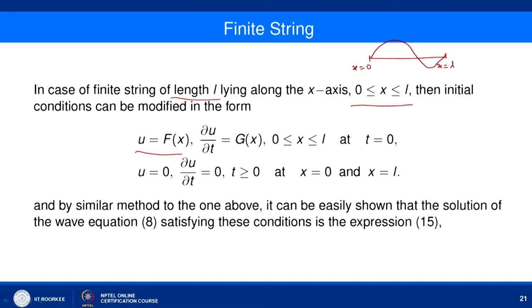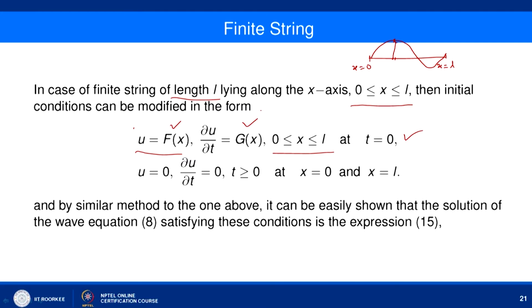At this point your displacement from the initial condition is f(x). At any point you can find the displacement, and let us say that initial displacement is given by f(x) and initial velocity is given by g(x), and it is true for all x lying between 0 and L at t equal to 0. So, initial displacement and initial velocity are given.